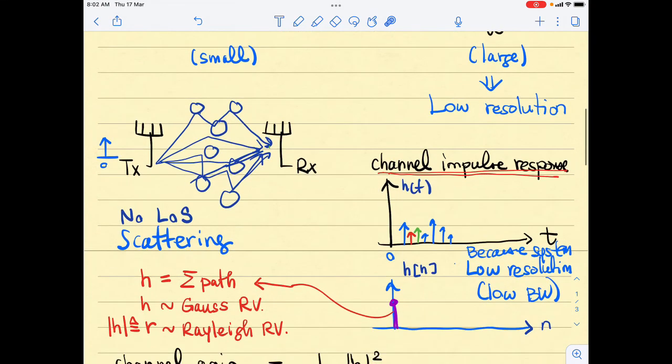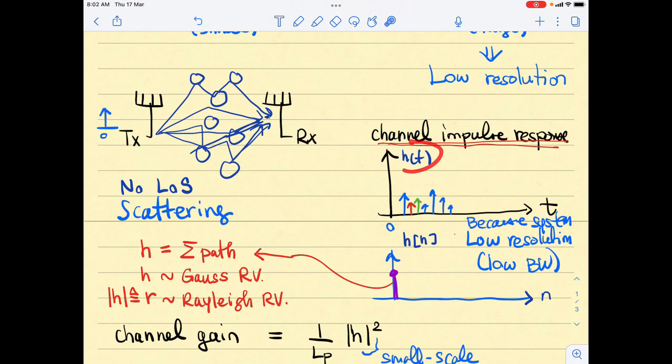Okay. Now, if you look at the channel impulse response, at the output of the receiver, after we send the impulse, we'll receive the channel impulse response. And you see that h of t represents the channel impulse response. Okay. So there are going to be a few pulses now instead of one because of many different paths. So here we have 1, 2, 3, 4, 5, 6, 7.